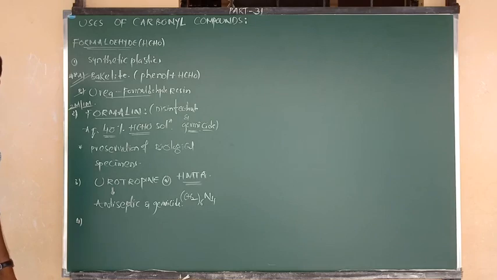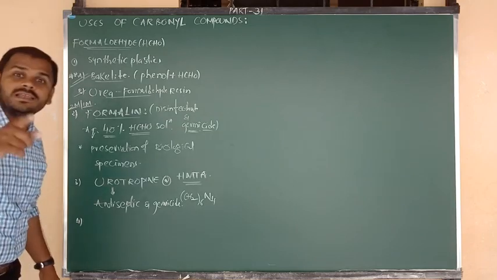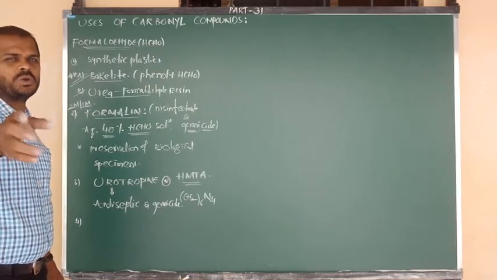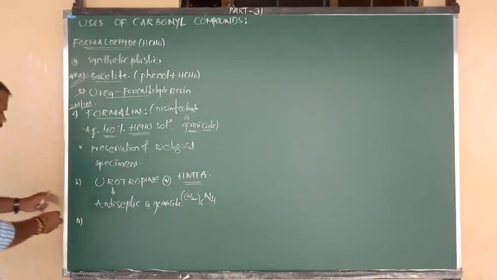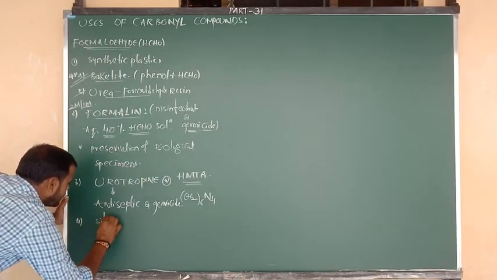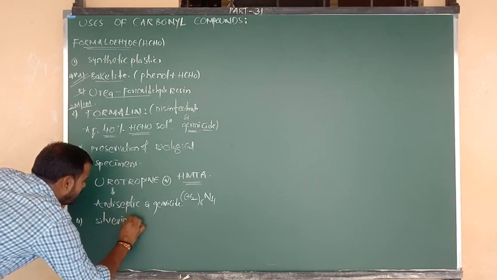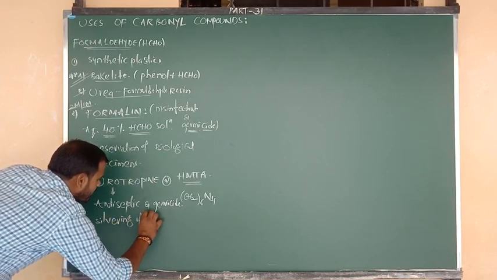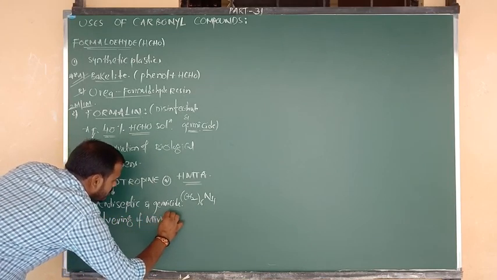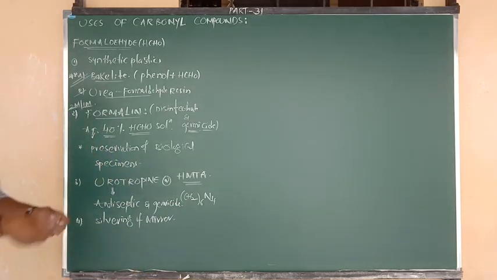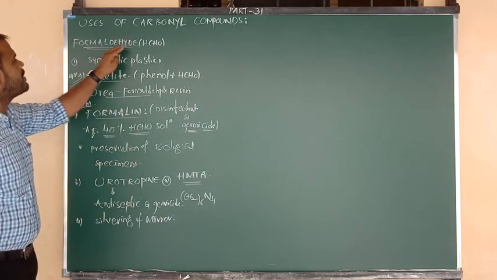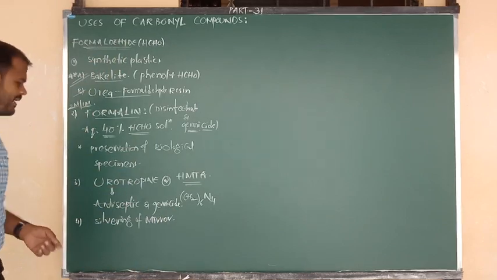Formaldehyde is positive for the Tollens test and it forms a silver mirror, and I also told you a black precipitate. So it is used in silvering of mirrors. Means for the purpose of silver black coating, we can use formaldehyde.